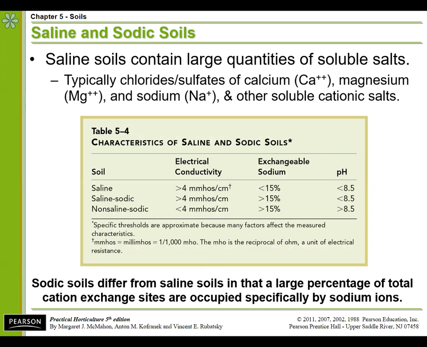But when they accumulate at high levels, they become somewhat unavailable and also inhibit the uptake of other nutrients. So notice the pH range here. We're looking at a higher range for the saline and saline sodic soils.